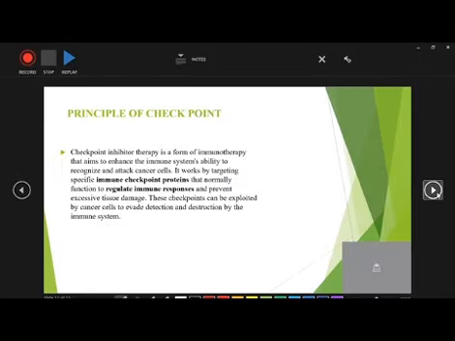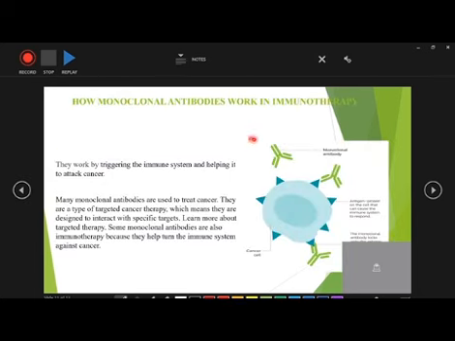As we conclude, we use these different monoclonal antibodies, not only within immunotherapy, they are also applied in imaging when carrying out breast cancer therapies.